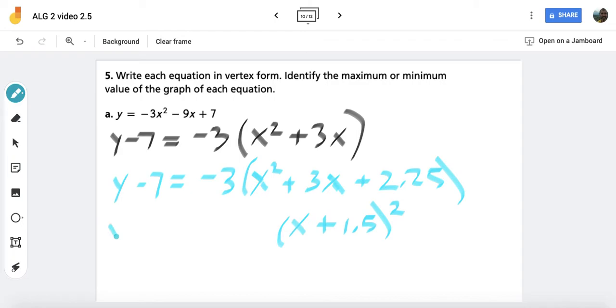So over on this side I really have y minus 7, and I also have minus 3 times 2.25, which is 6.75, and that equals this squared over here.